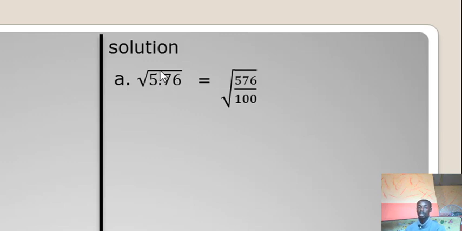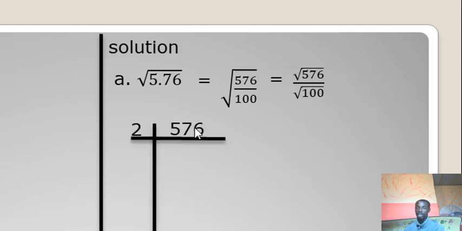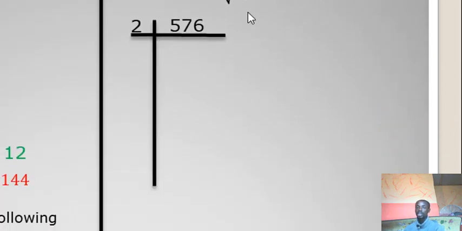So removing the decimal, you can express the whole thing as 576 divided by 100. It can still be expressed separately. The whole root can be expressed as root 576 over root 100. So let's simplify root 576 and let's simplify root 100.